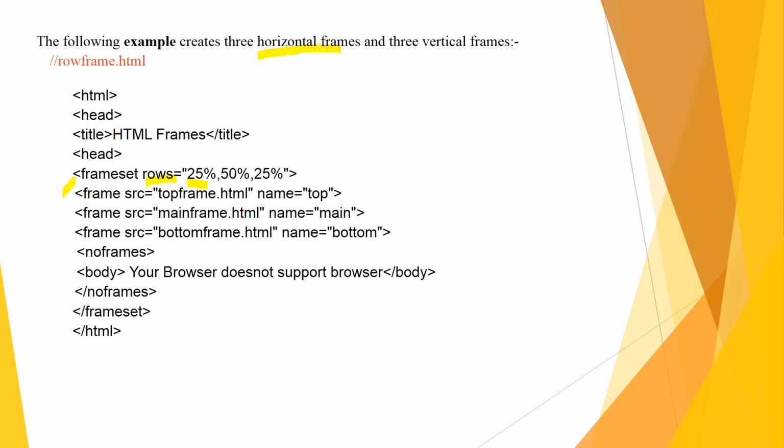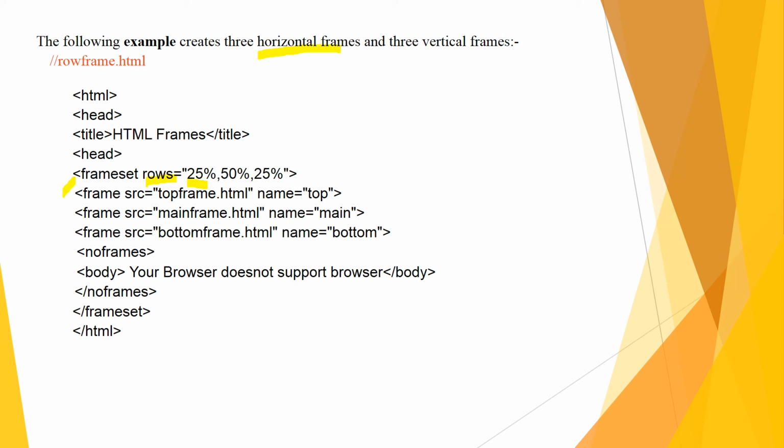Third one frame src equal to bottom frame, this is the URL for this bottom frame. Name equal to bottom. Since the frame tag is an unpaired tag, I haven't given an ending tag for these three frame tags.